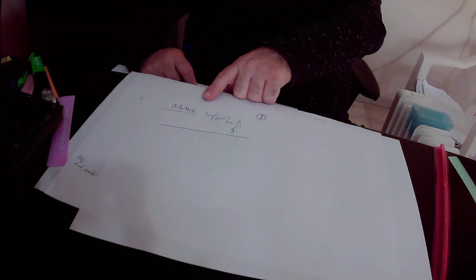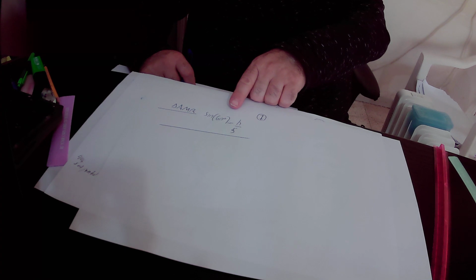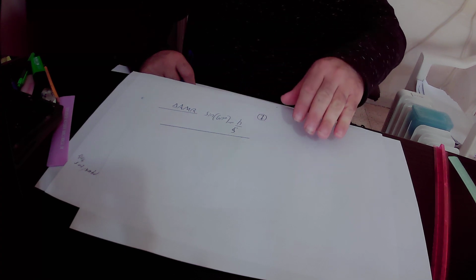In the right triangle AMQ, sine 60 degrees equals H over 5.